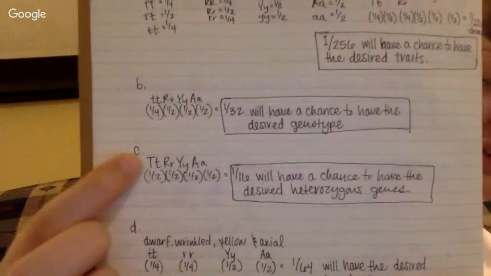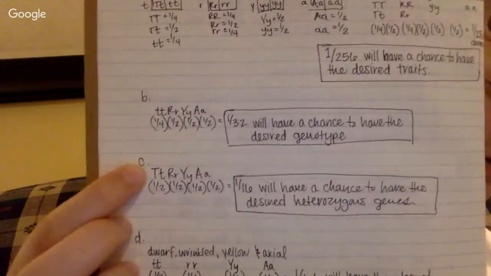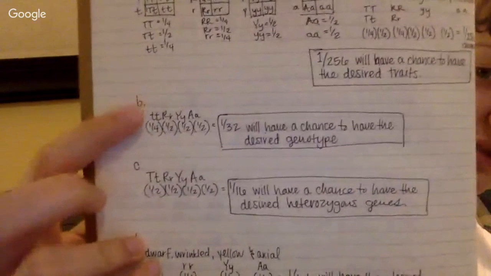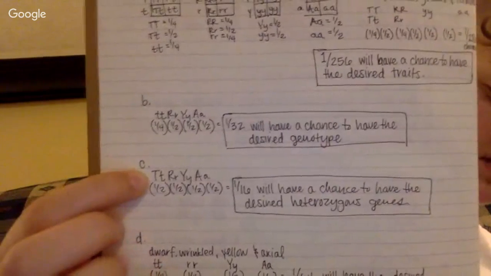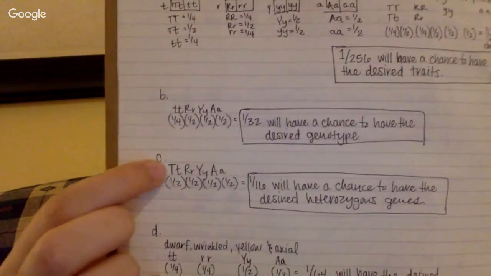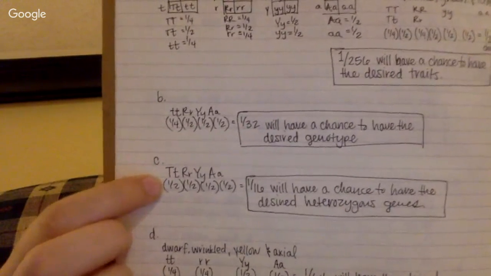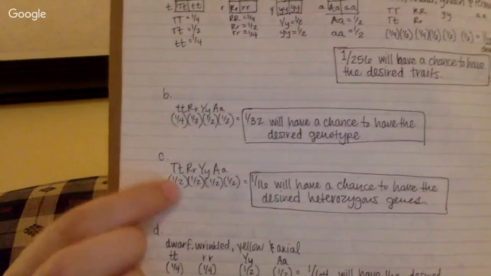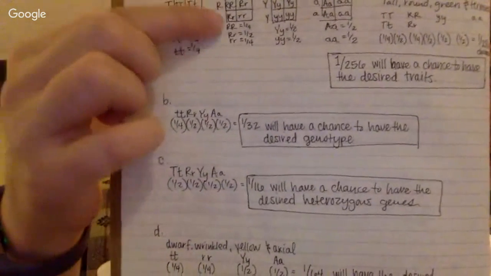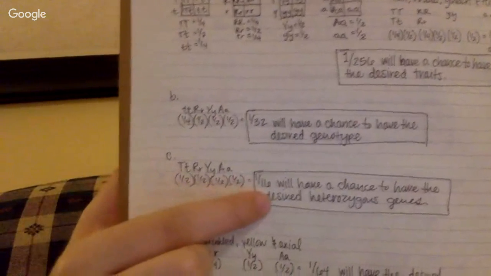Part C, once again, asks for another one, but instead of being specific like this one is, it asks for all the heterozygous for all 4 genes. So they'd be both different. So it'd be a big T, little t, since hetero means different. So I took all of these things up here, took each one that applied, wrote it down, calculated, and got 1/16.